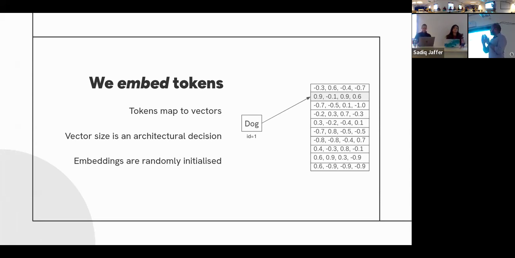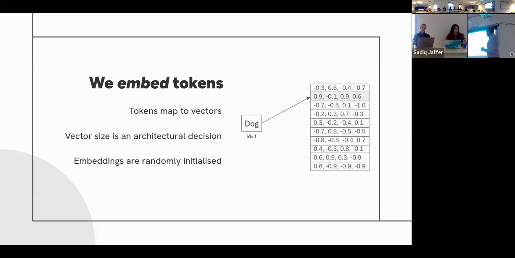We map these tokens to these vectors, and the idea is that these vectors are far shorter in dimension than the full vocabulary size, and they have a distributed representation, right? So what we should expect to see is that dog and cat should be close in that representation space.